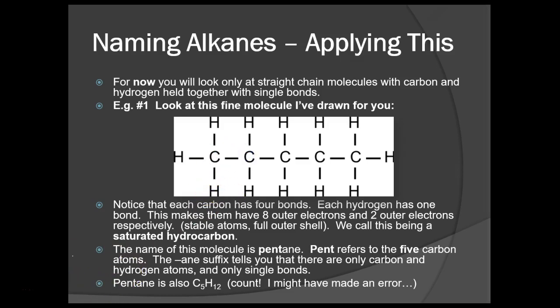That means that we're going to use the suffix ane. So pent refers to the 5 carbon atoms, 1, 2, 3, 4, 5, and the ane suffix tells you that there are only carbon and hydrogen atoms and only single bonds. So pentane can also be written in a chemical formula form as C5H12, and if you don't believe me, take a second to count.